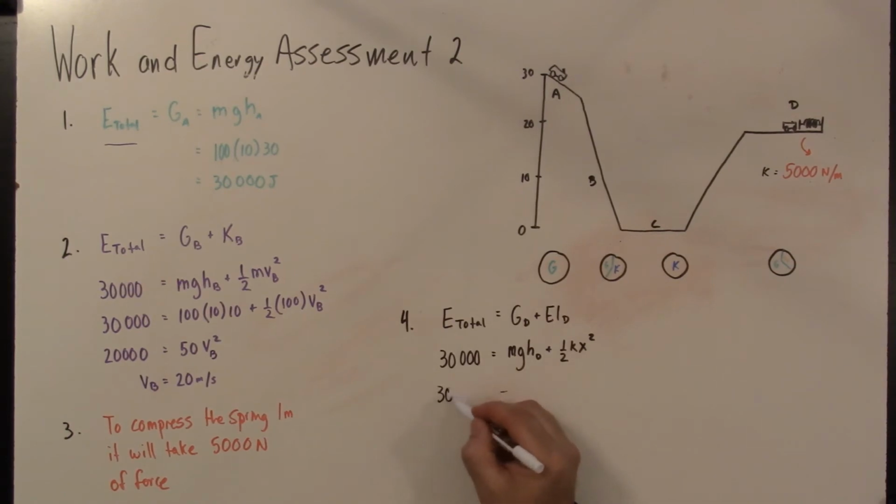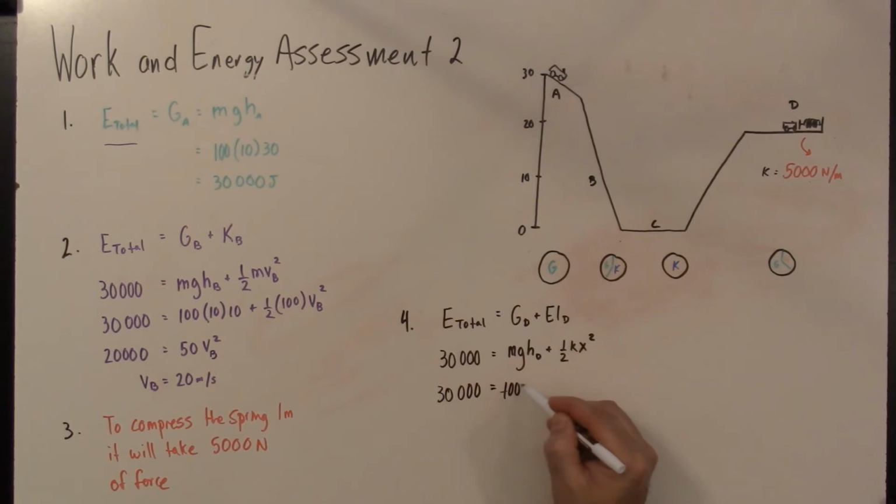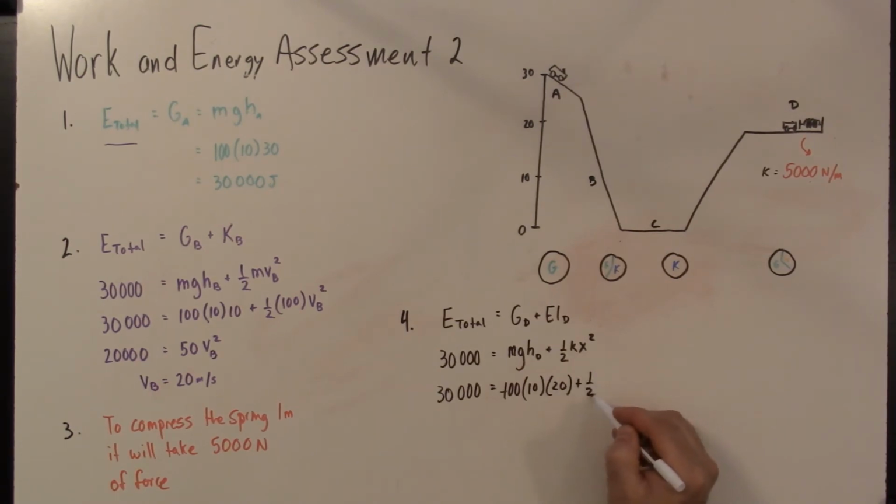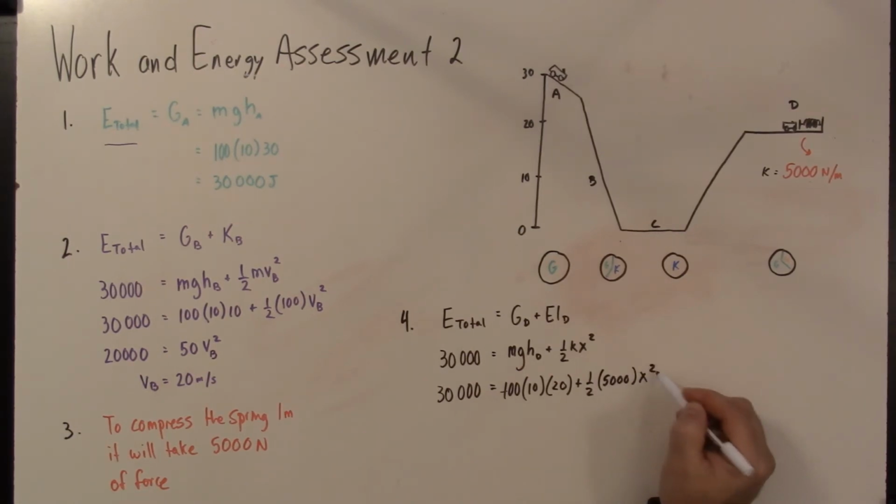So if we plug and chug this bad boy, the mass is still 100, gravitational field strength is still 10, the height at D is 20, plus 1/2, the spring constant is 5,000, and then x is what we're solving for.